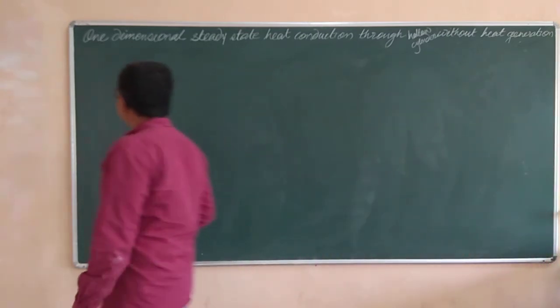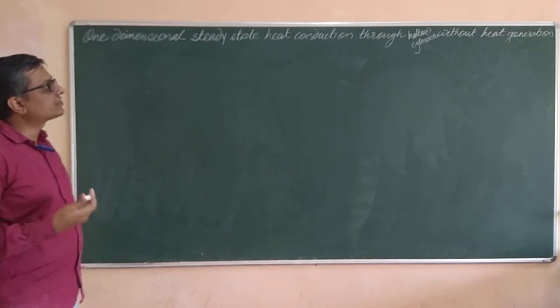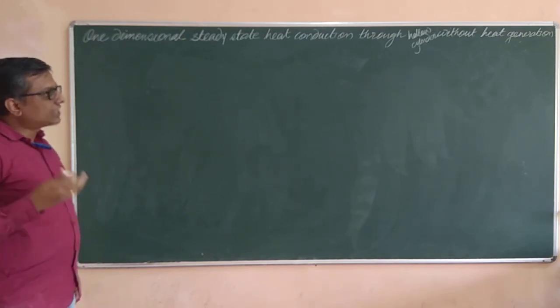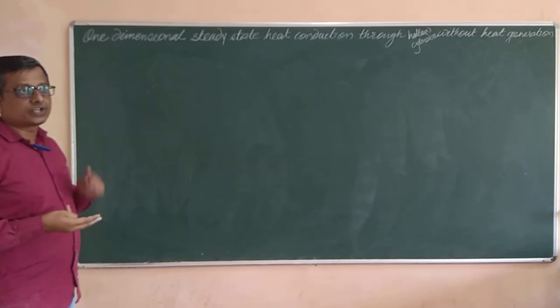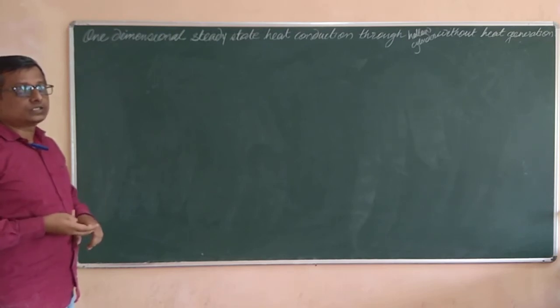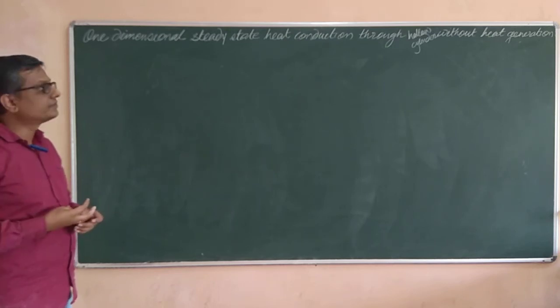Well, so for this, let us start off with the one dimensional steady state heat conduction equation without internal heat generation. We have seen the three dimensional heat conduction equation in a polar coordinate system, or say in a cylindrical coordinate system.